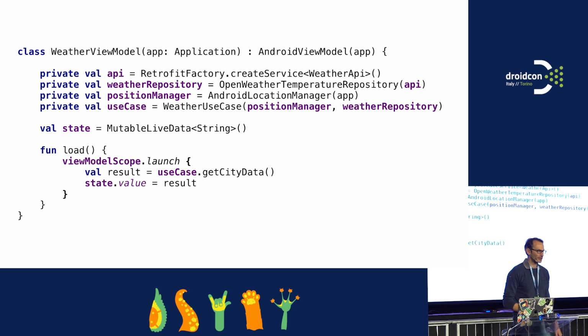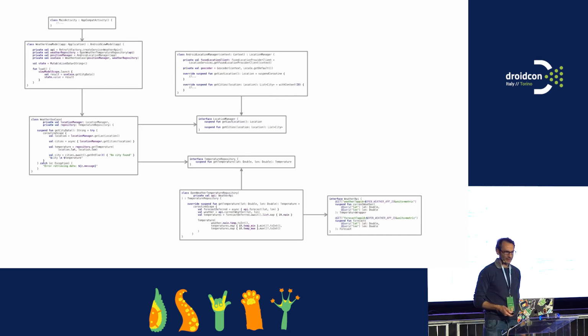Then it uses a LiveData to show the string in the UI. The LiveData obviously is used by the activity, but it's on the top left, and we'll not see the activity, we don't need it for this. It's not the point of this example.